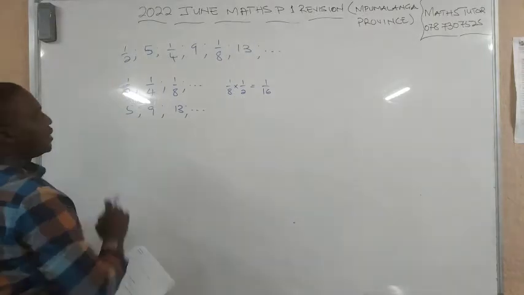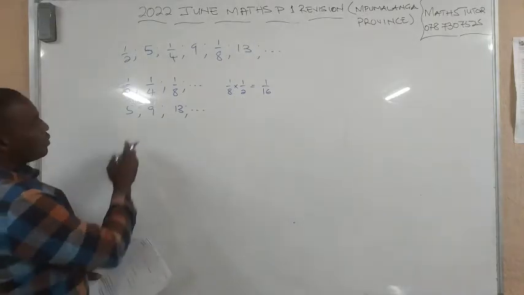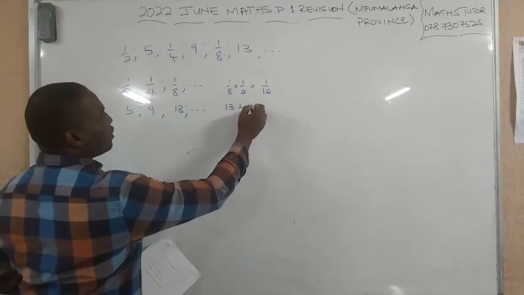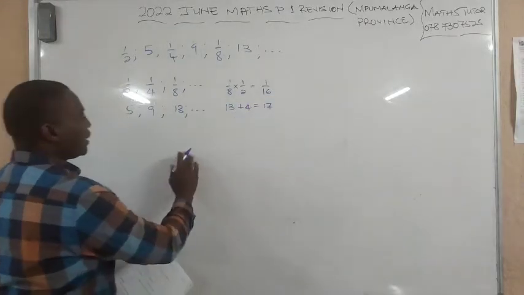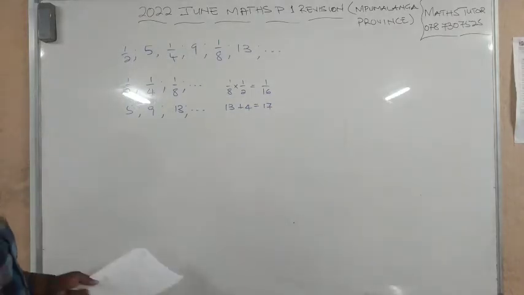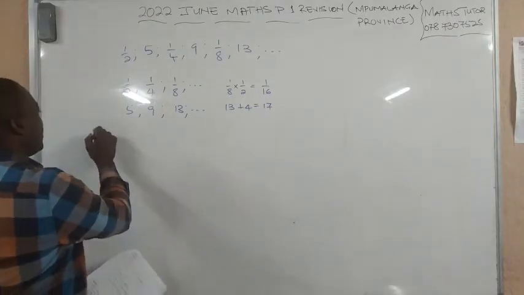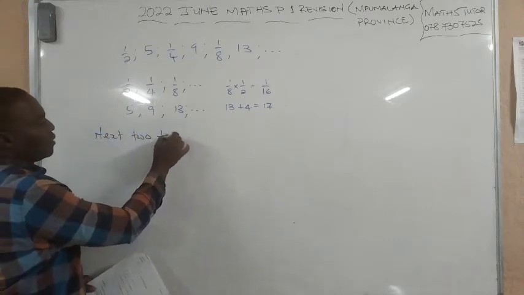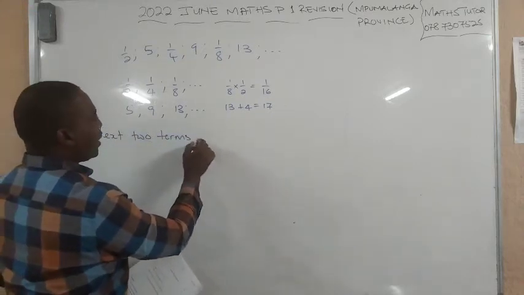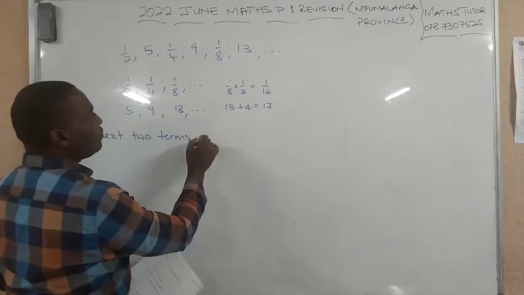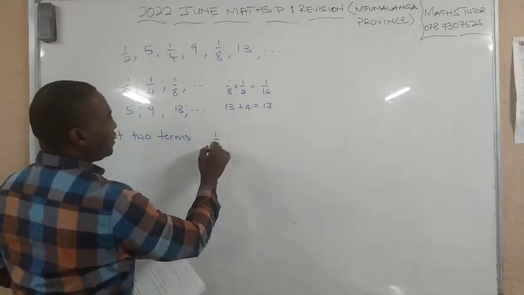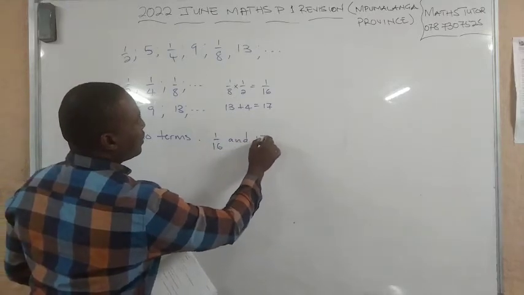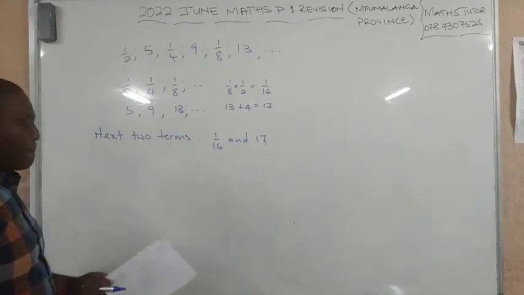And this one is an addition of 4 to get the next term. So the next term will be 13 plus 4, that will give us 17. So the next two terms here are 1 over 16 and 17.